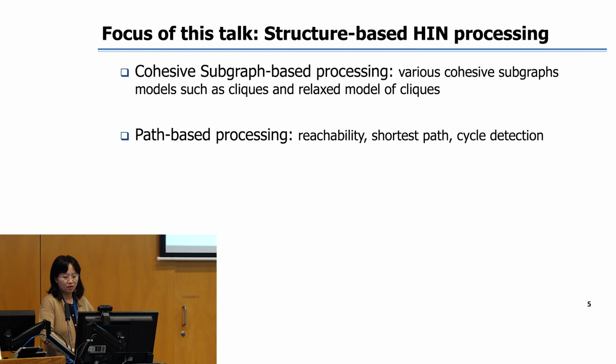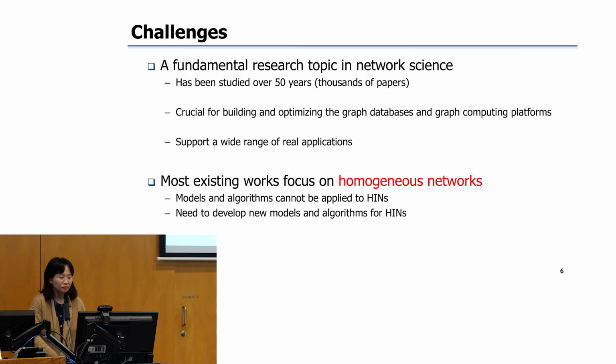The gap in the research is that most existing works, models, algorithms, computing platforms and paradigms focus on traditional data or homogeneous networks, without considering the different types of vertices and edges. So these models and algorithms cannot be directly applied to HINs. We need to develop new models and algorithms for the novel heterogeneous graphs.